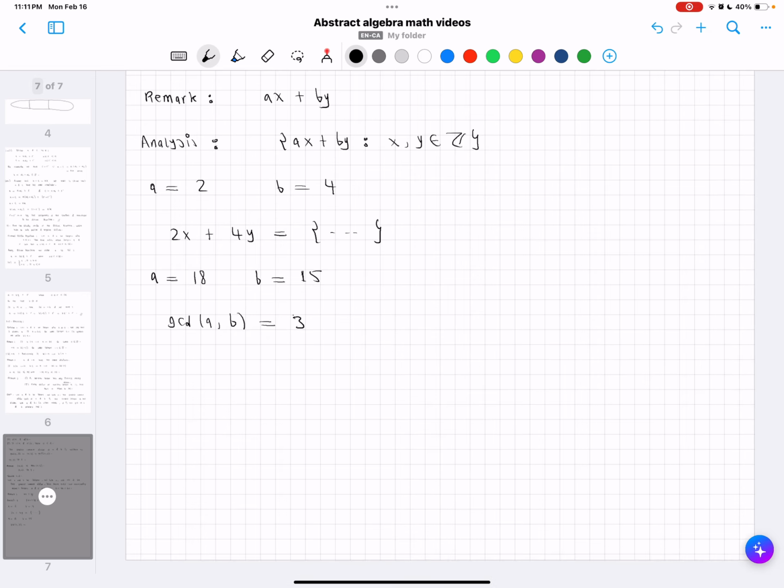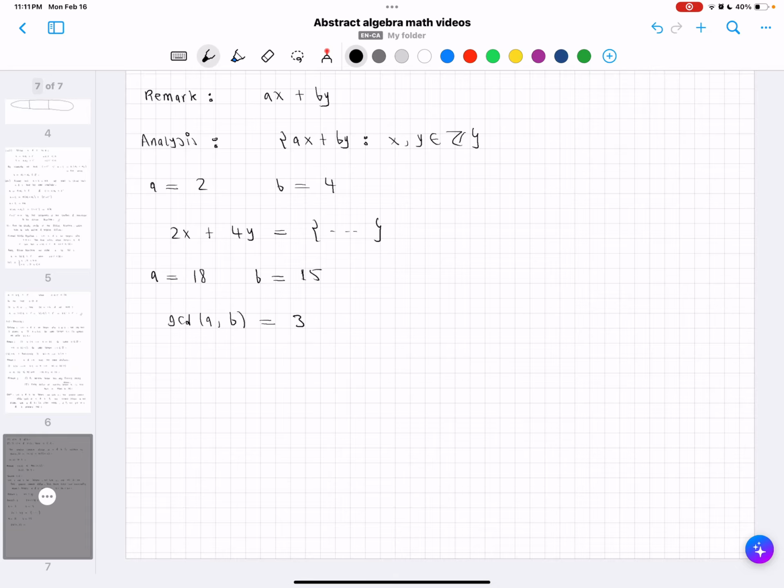And what about if we take all the possible jumps of a and b? So you consider ax plus by, so that would be 18x plus 15y.